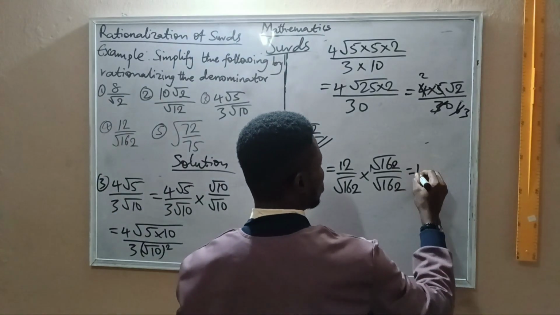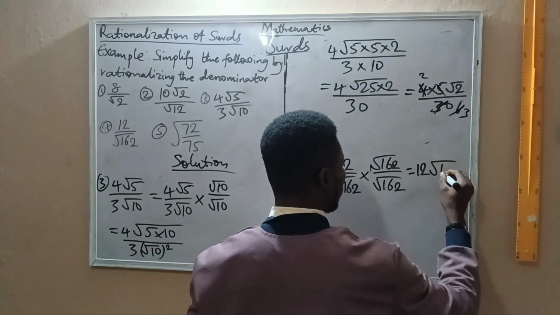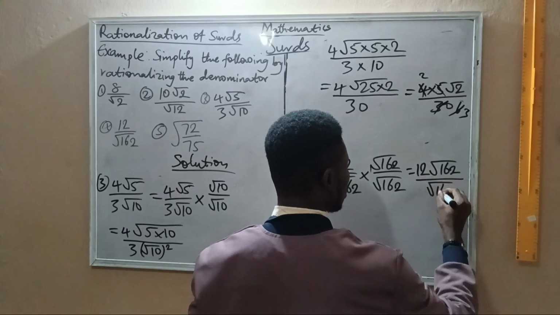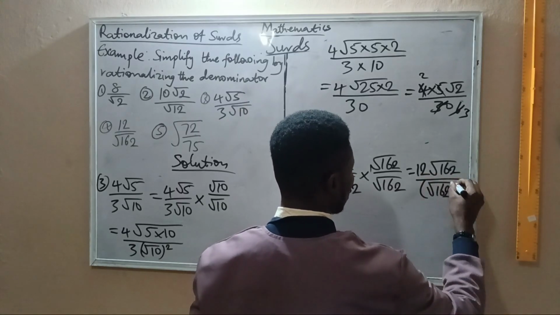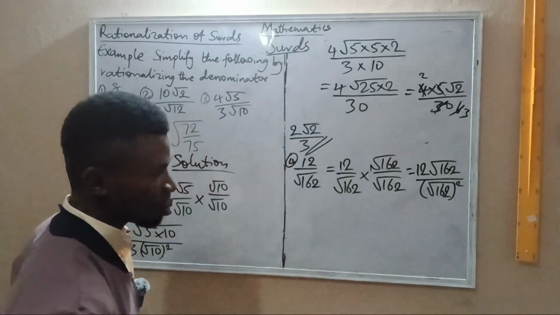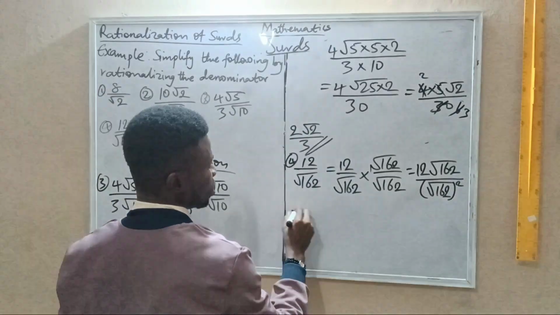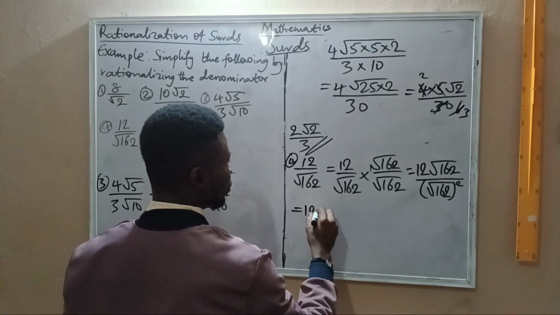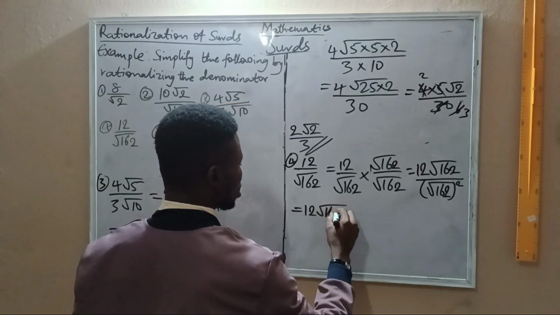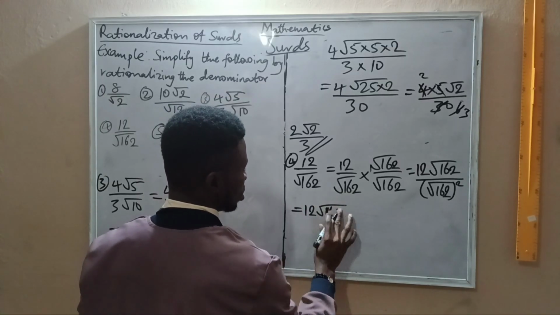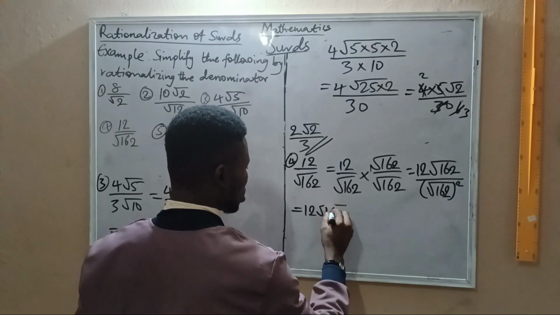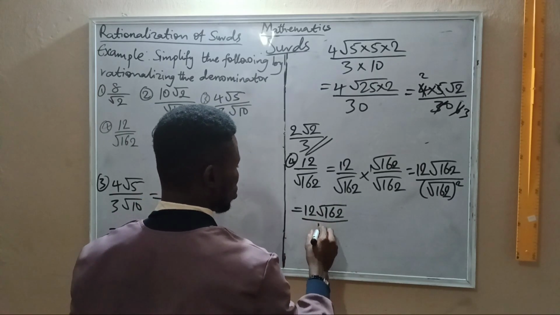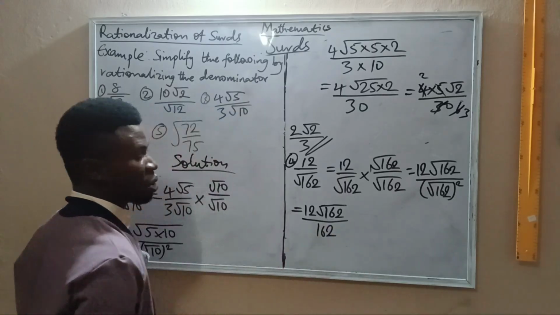And that is equal to 12 sod 162 all over sod 162 square, which is still equal to 12 sod 162 all over 162.